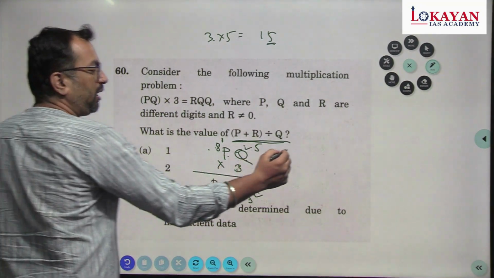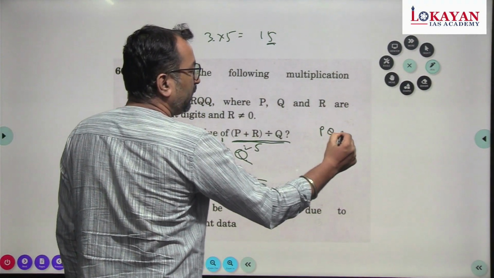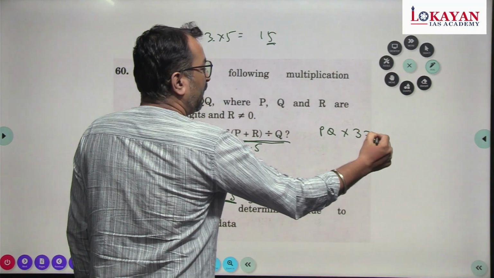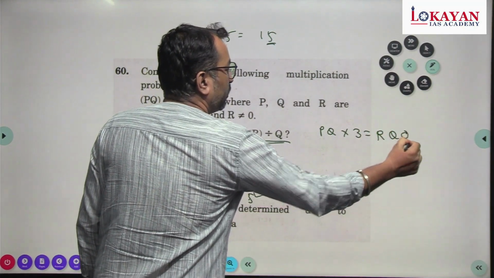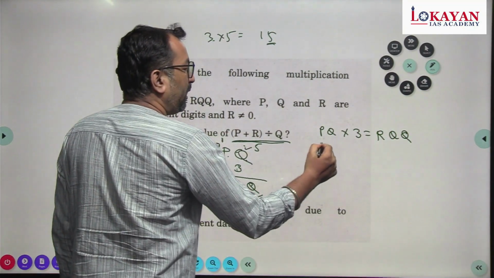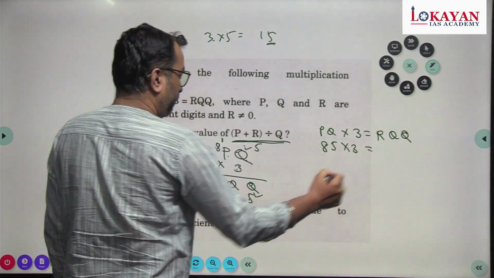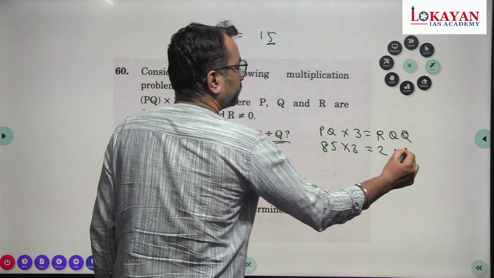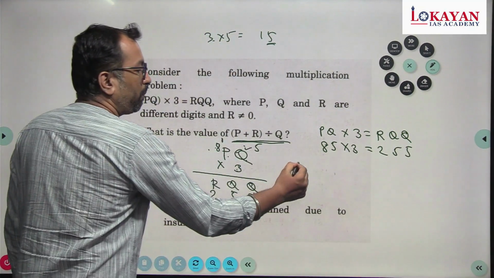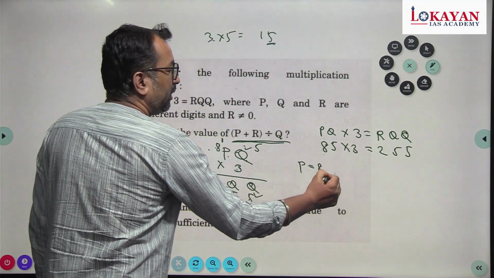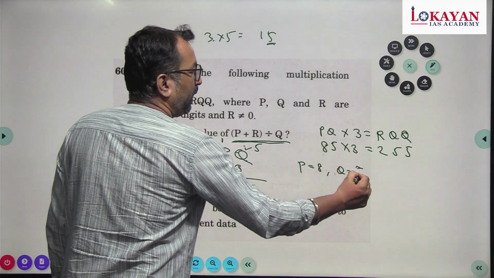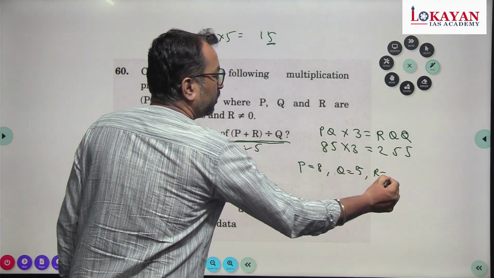So PQ into 3 was RQQ, so the value of PQ we got is 85, and 85 into 3, the answer became 255. So P became 8, Q became 5, and R became 2.